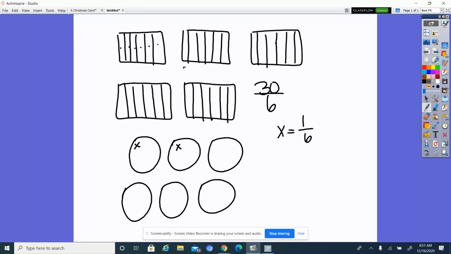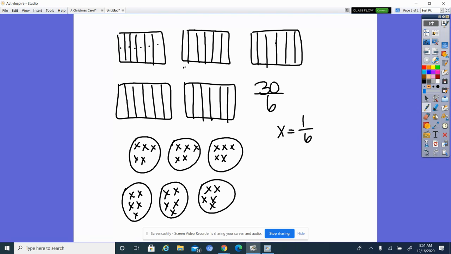1, 2, 3, 4, 5, 6, 7, 8, 9, 10, up through 30. Okay, so I distributed those 1/6 pieces, right?